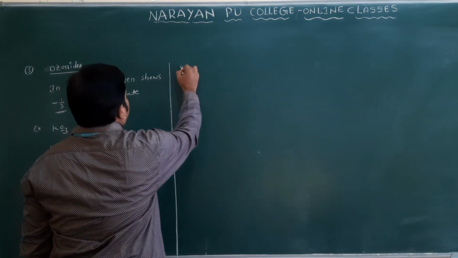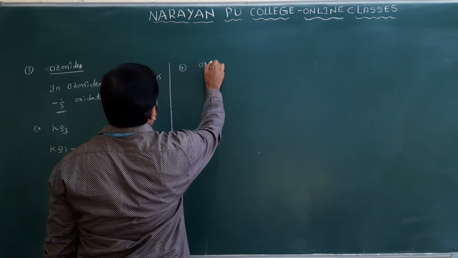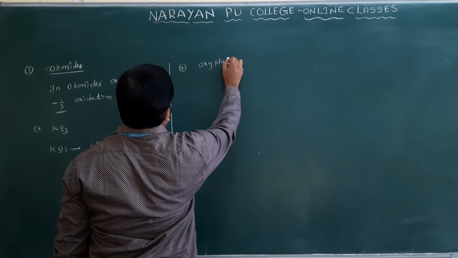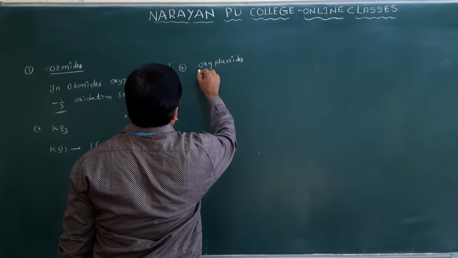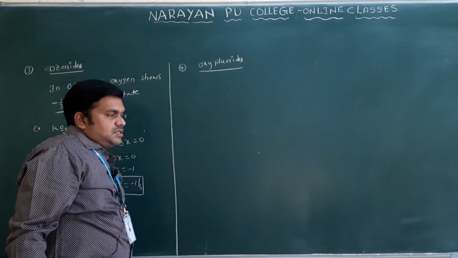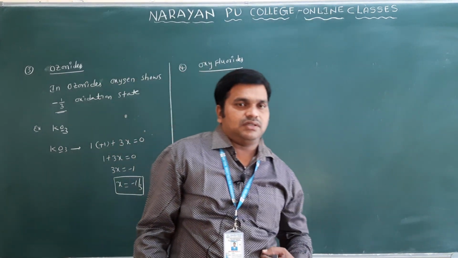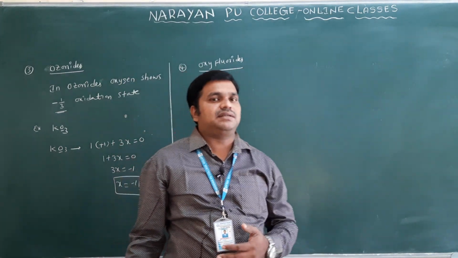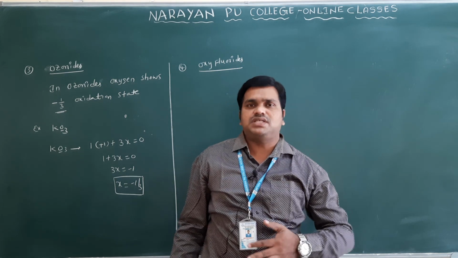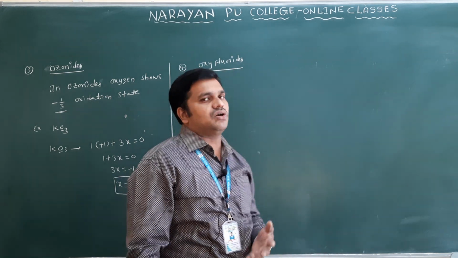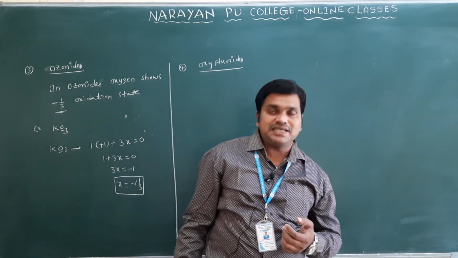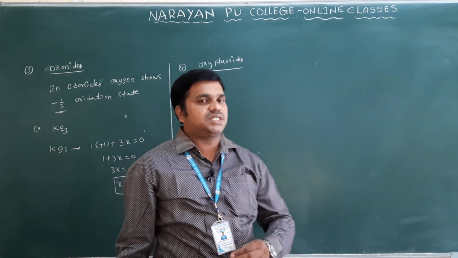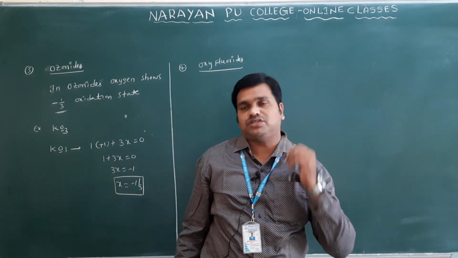One more is also there, that is oxyfluorides. So what are oxyfluorides? The fluorides formed by the reaction of fluorine with oxygen, we call them oxyfluorides only. In the case of oxyfluorides, oxygen generally shows a positive oxidation state only.